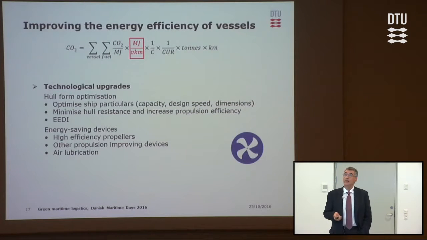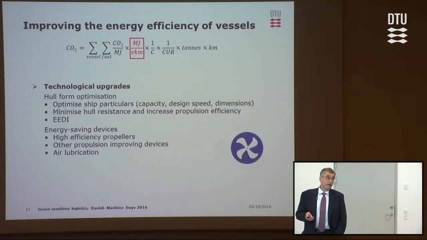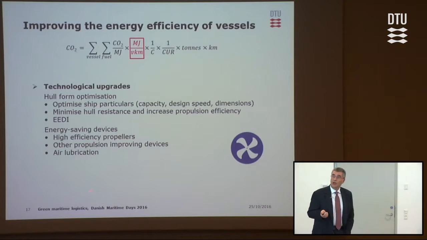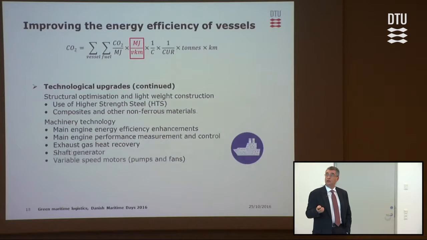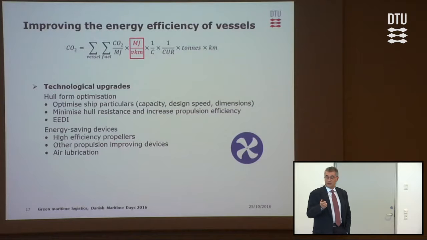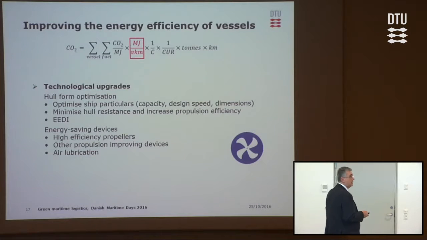Then let's move to the energy efficiency of the vessels. There is a number of technologies that can be employed here. We start with the ship design, optimization of the hull in terms of the basic ship particulars, capacity, design speed, dimensions. When we draw the lines of the vessel, we minimize the resistance, and of course we take into consideration the EEDI, Energy Efficiency Design Index, which sets the standards.